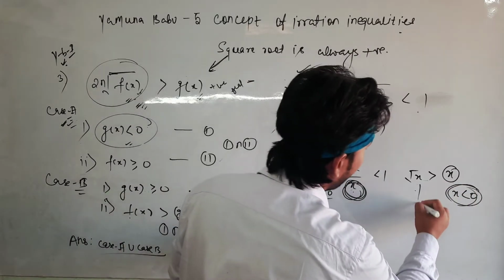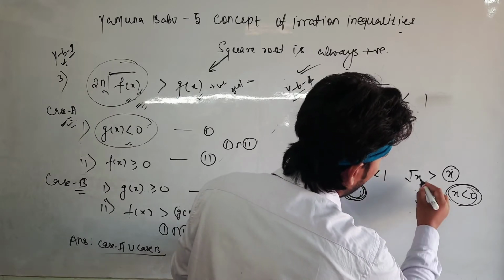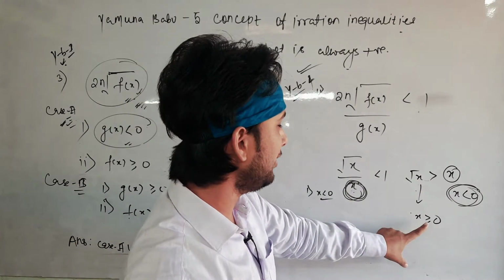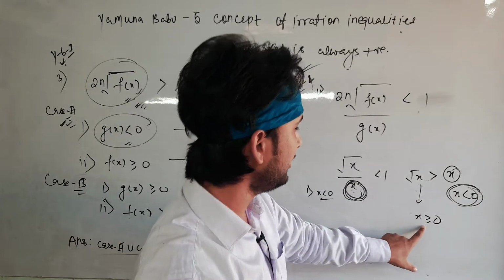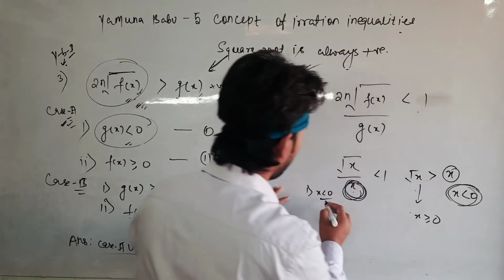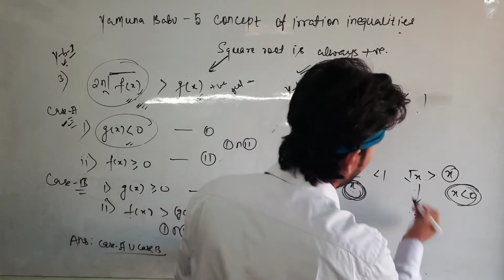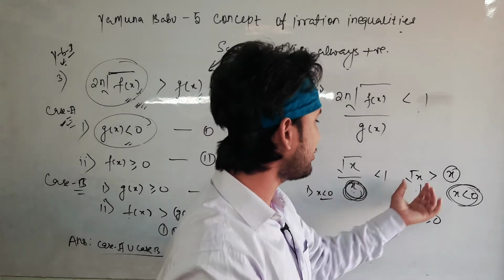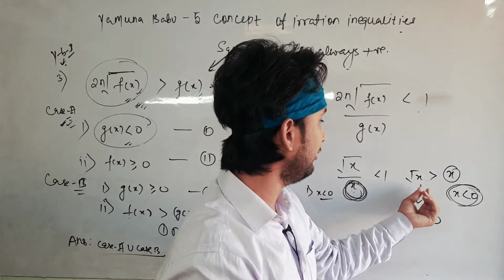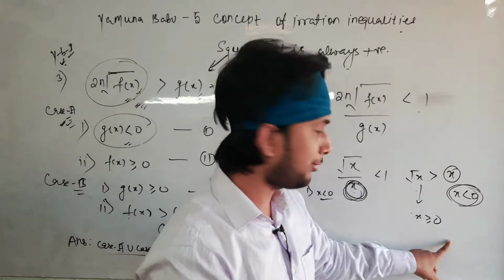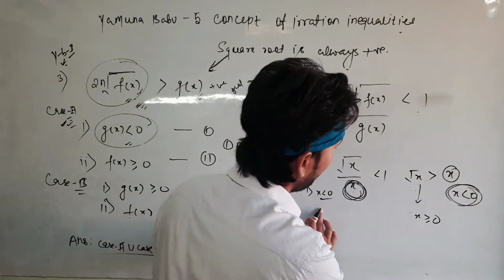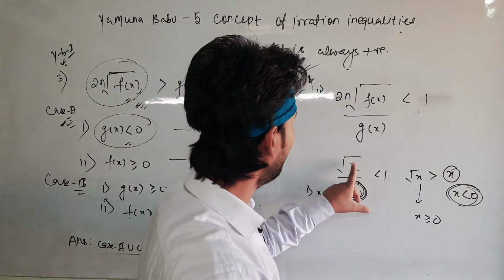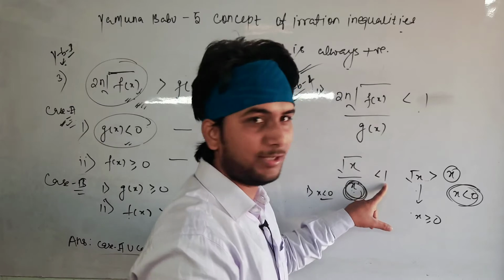And you are saying that x must be greater than or equal to 0, because the square root is defined only when x is greater than or equal to 0. Then it is not possible that root x by x is less than 1.